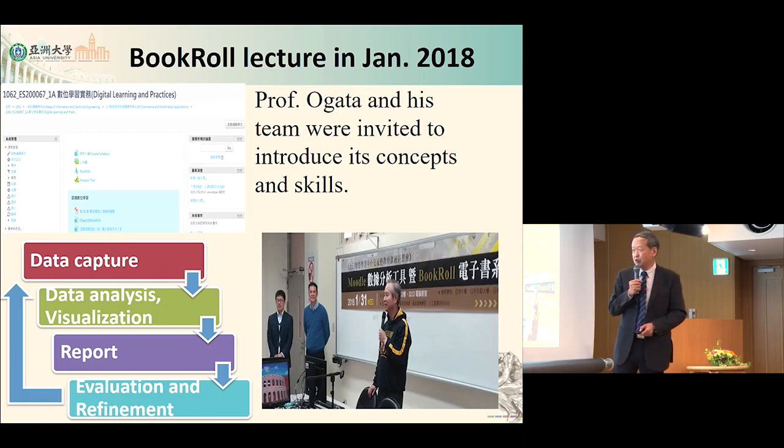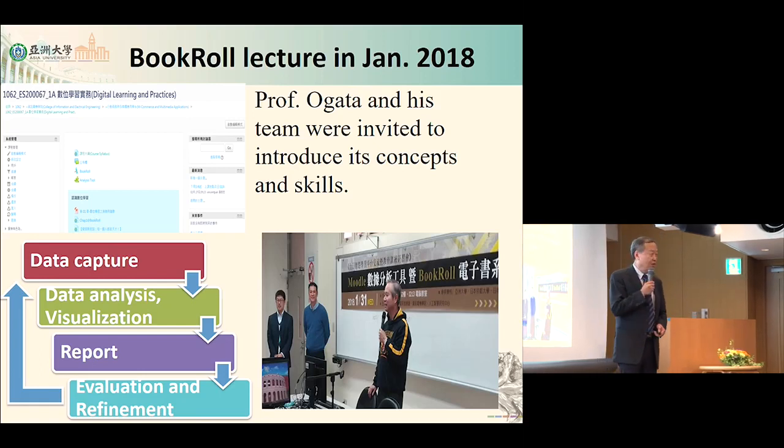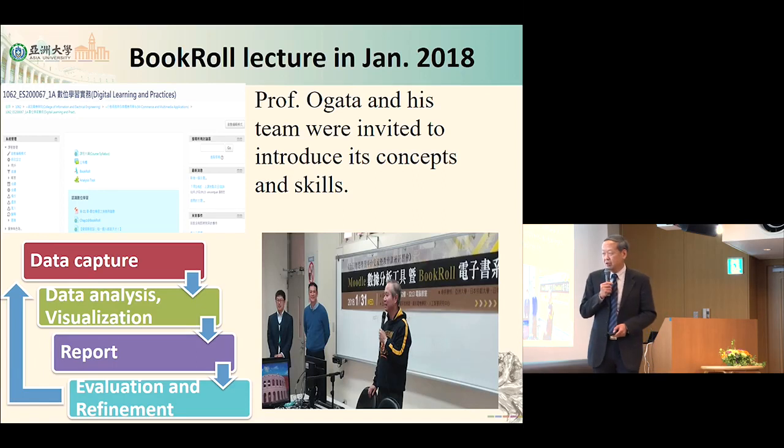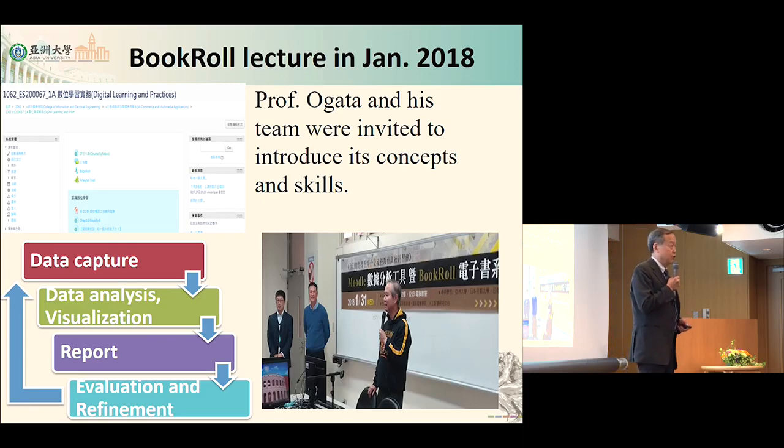Next, we do data analysis and data visualization using the dashboard and other data mining algorithms. Then we generate a report, with a reasonable interpretation. Finally, we can do the evaluation. We can evaluate and refine the result through group discussion.